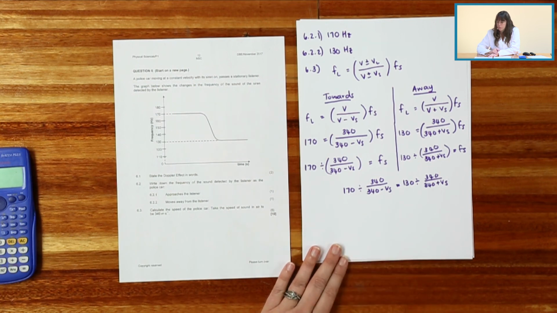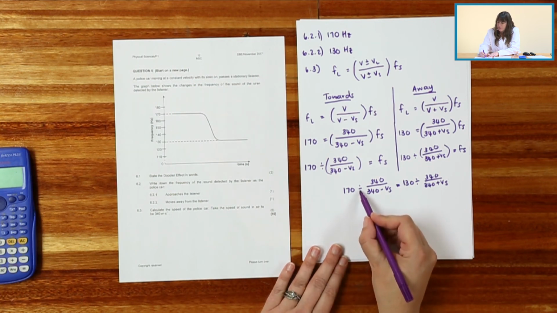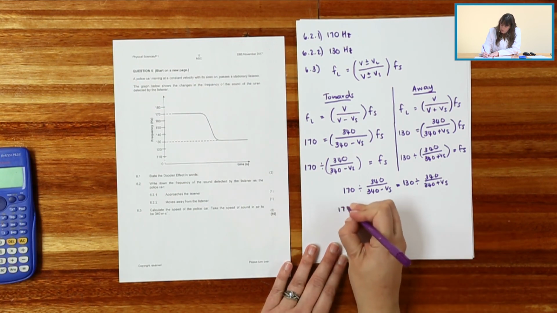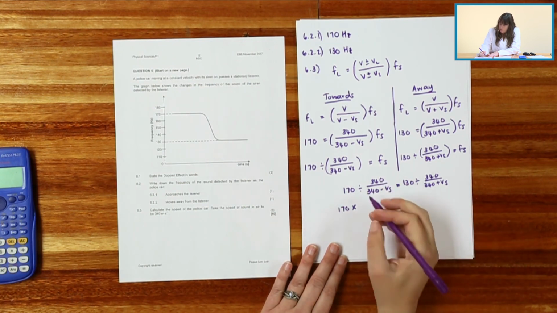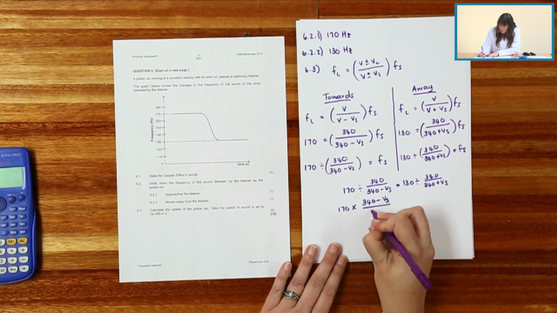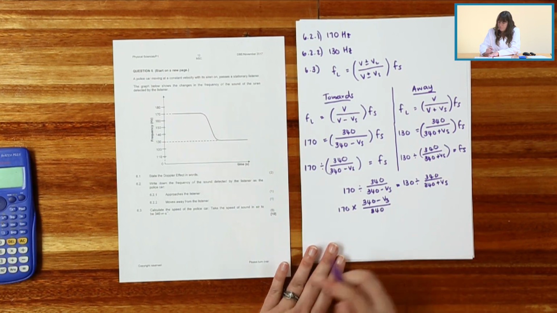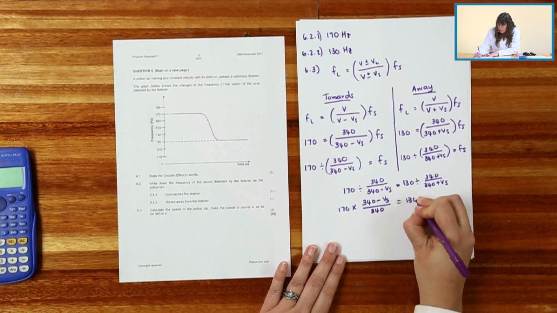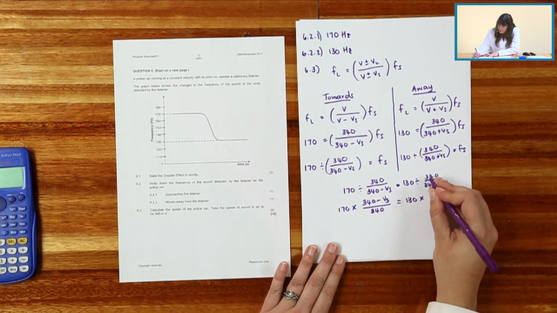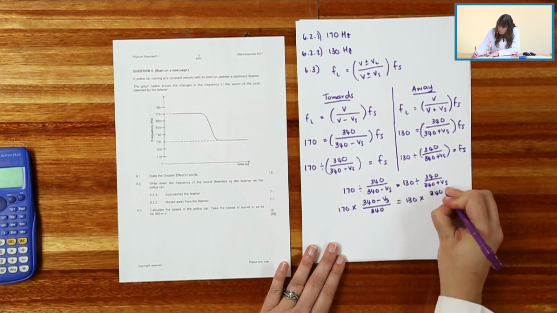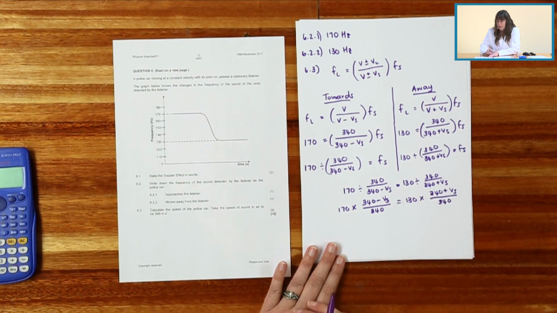And here's where our fractions come into play. We've got to remember all our rules here. Remember, if we divide by a fraction, we can tip and times. And so we're going to say 170 times the inverse of that fraction, so it's 340 over 340 minus Vs, and we're going to do the same on the other side. 130 multiplied by, we've got to tip and times, so we're tipping this fraction, so it's 340 plus Vs over 340.